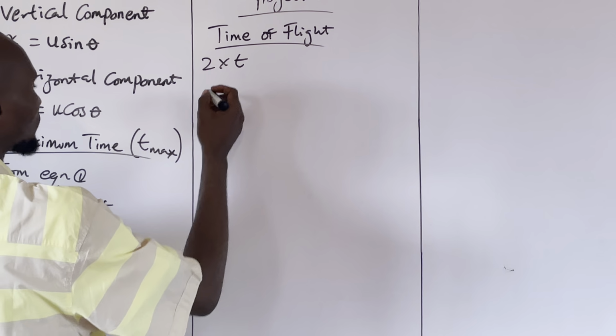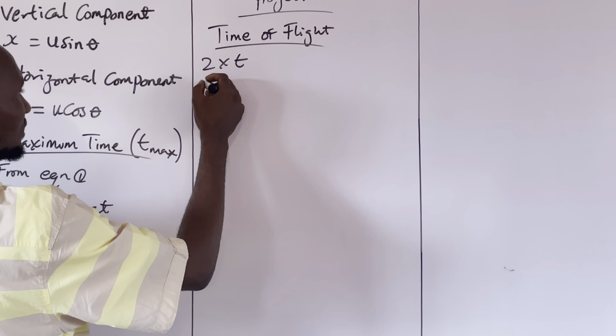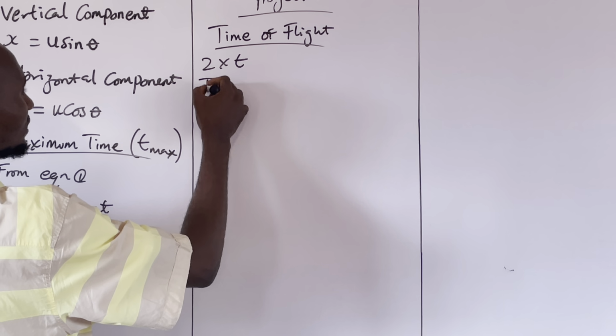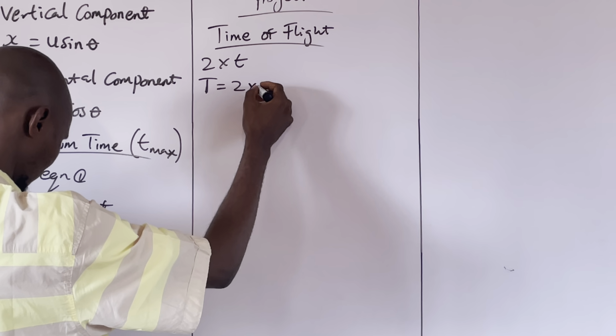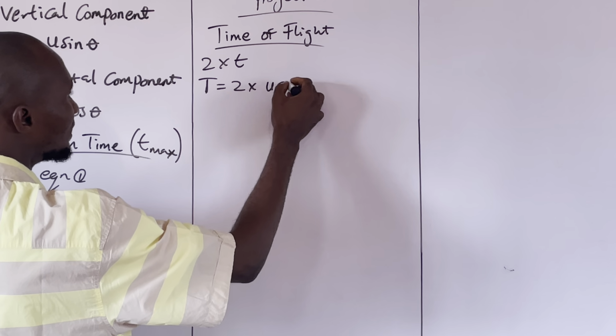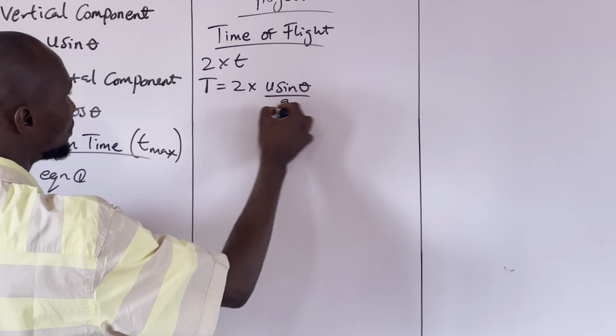So t is equal to 2 times u sine theta over g over 1.